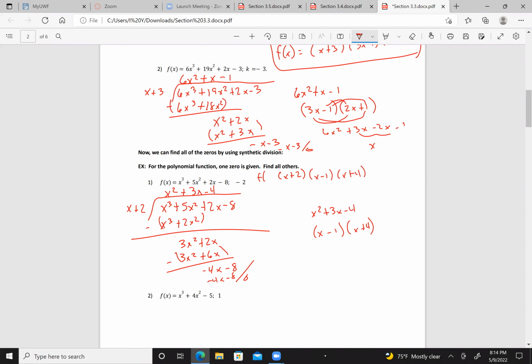That's what our f of x equals. To find the zeros, we set all the factors equal to 0. So my zeros, we have the one given, negative 2. Here, this would give us x minus 1 equals 0, so x would equal 1. And here we have x plus 4 equals 0, so x would equal negative 4.